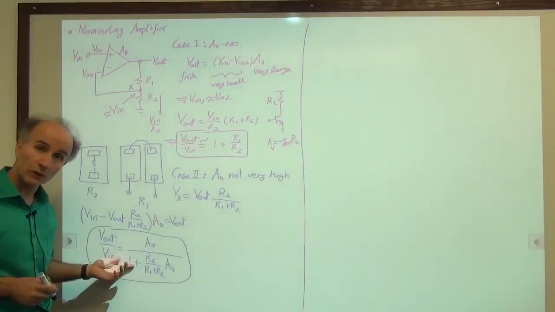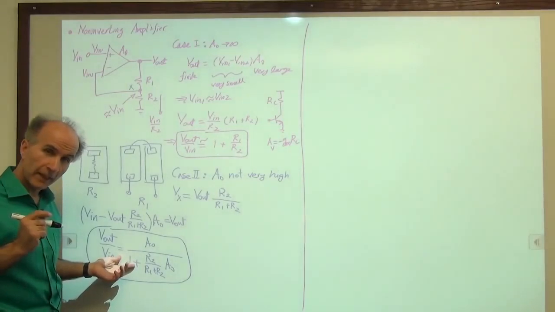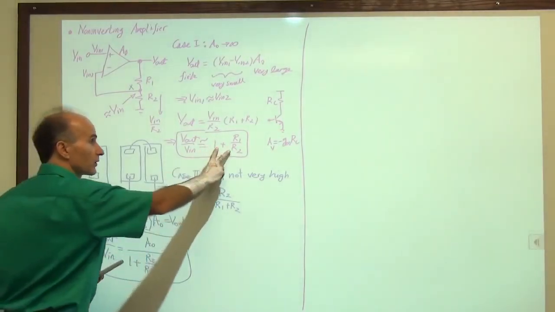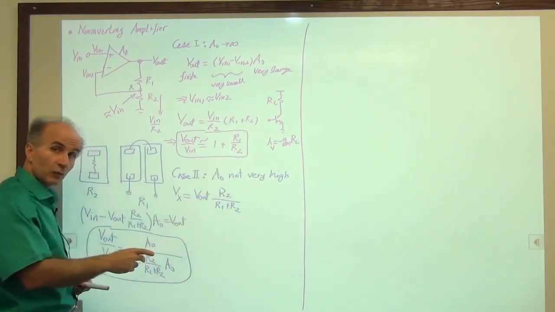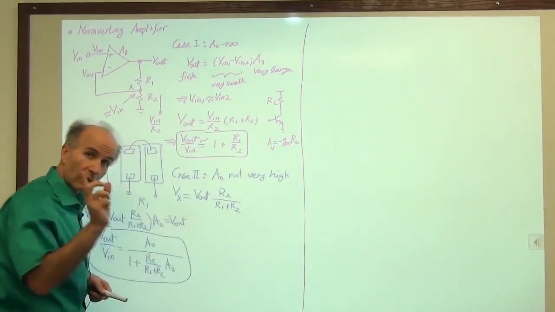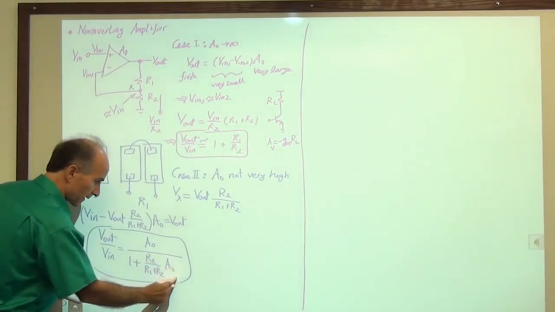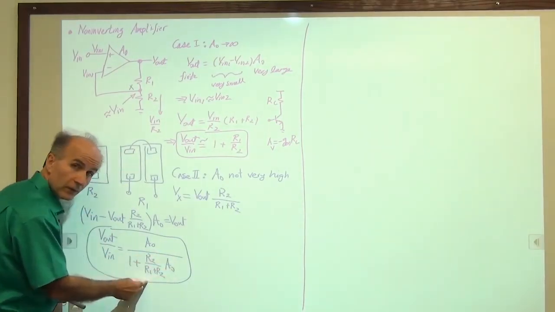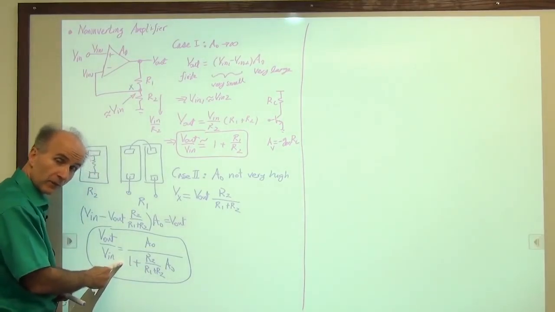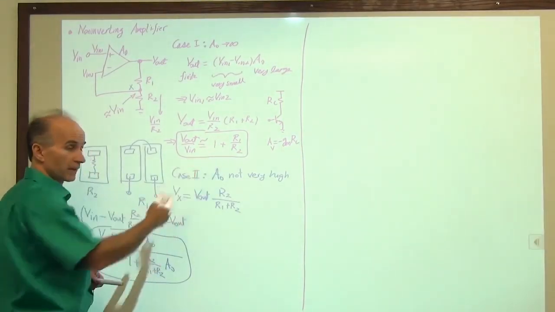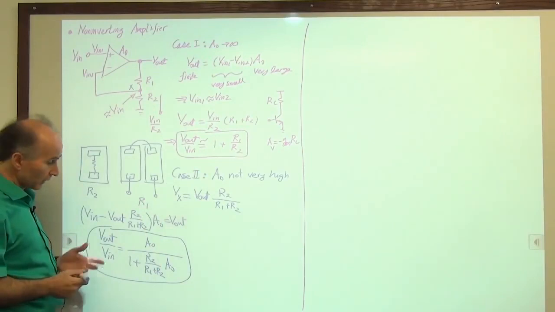This equation also tells us something interesting. It says, for this equation to hold, we don't need A0 to be infinity. All we need is for this term in the denominator to be much greater than this term. Right? So that's the condition that will give us this approximation. So that's good to remember.